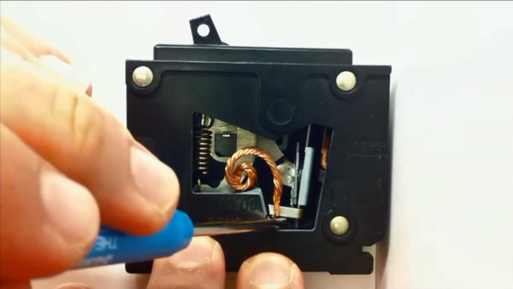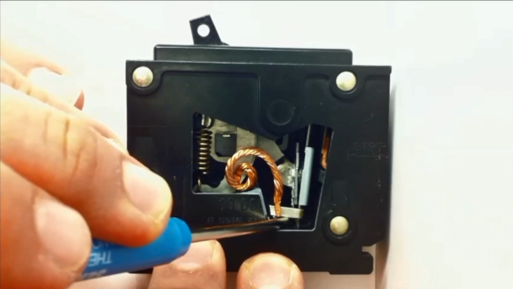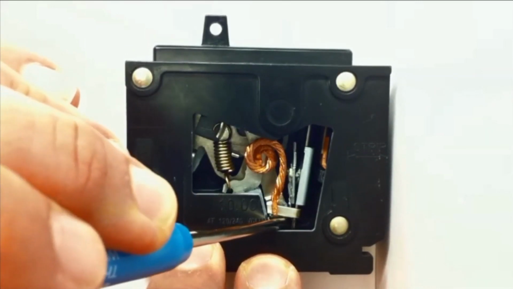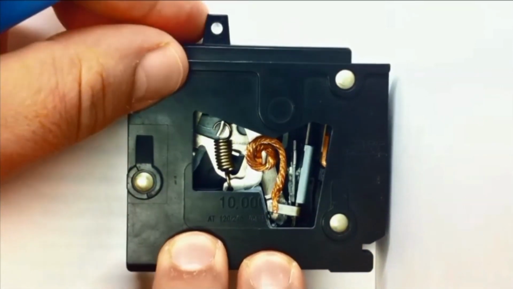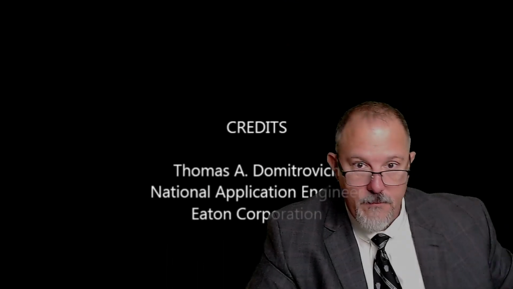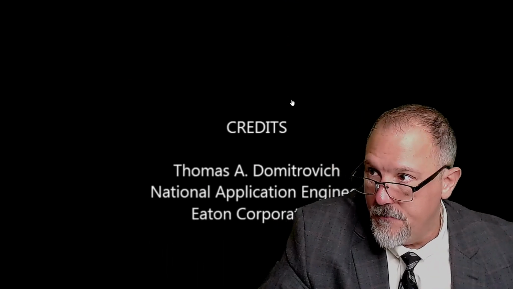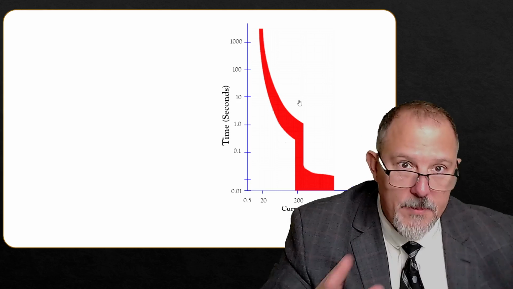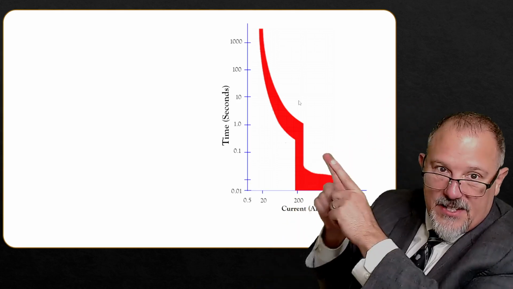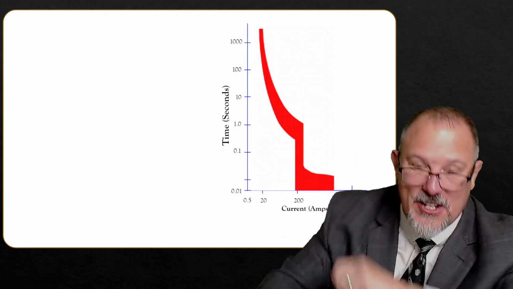And now I'm going to bend that bimetal, and that is going to drop that latch and open the circuit breaker. And that, my friends, is how a molded case circuit breaker interrupts the flow of current. And what you just saw created this time current characteristic curve.